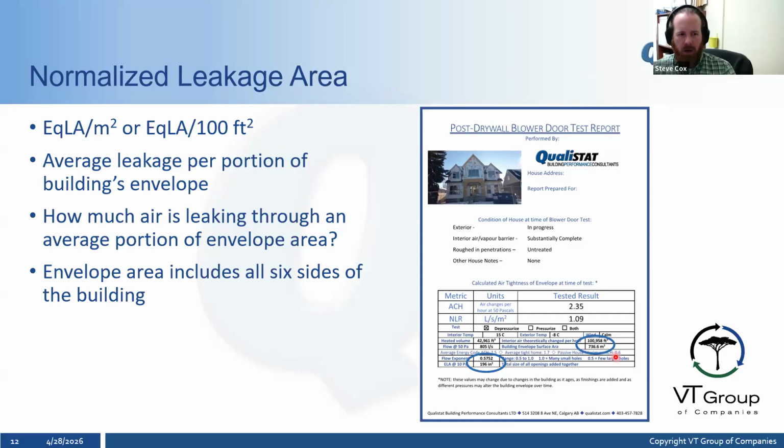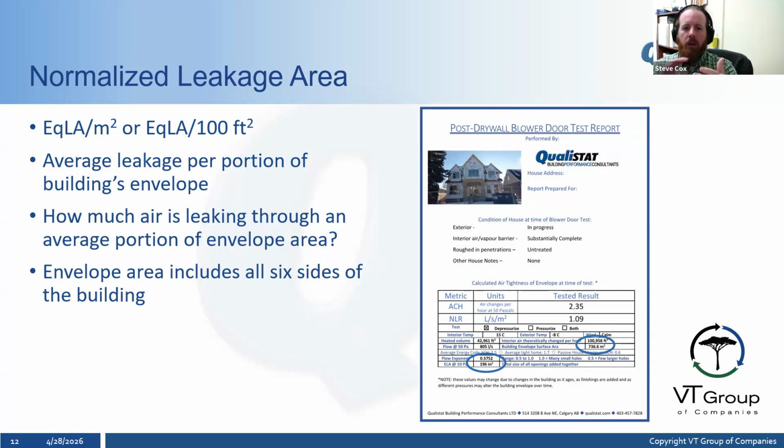This is one of the metrics that, as we get into step code, tier code, can be used. The office here was just out in BC doing testing on a large building, and they had to meet a certain normalized leakage area rate before they could turn the building over. And when we're calculating the building envelope, we should include that this number includes all 6 sides of the building, right?